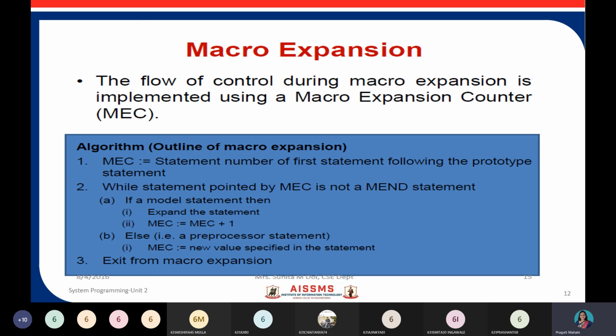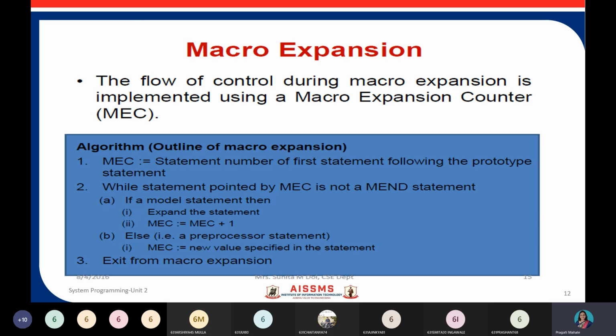Else, whatever is the statement you need to execute, you can give that and exit from the macro expansion. So this is the concept of macro expansion with flow control using the macro expansion counter, right?